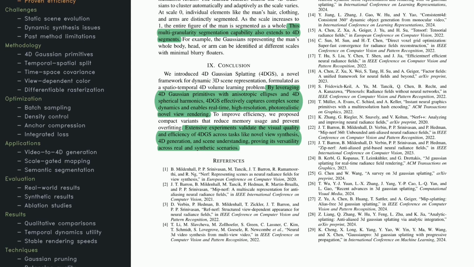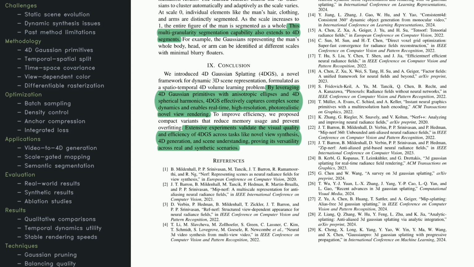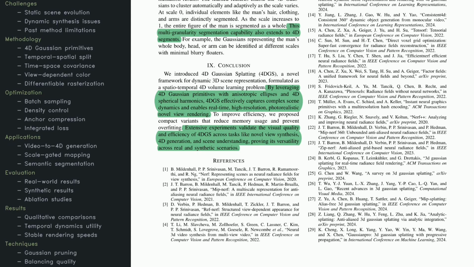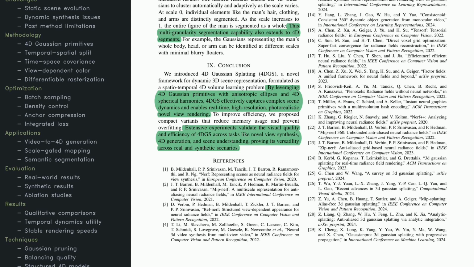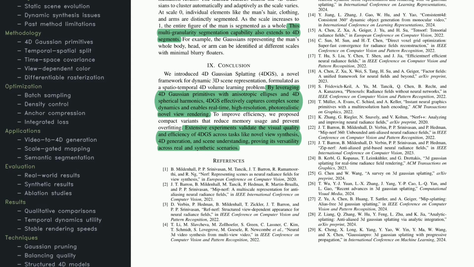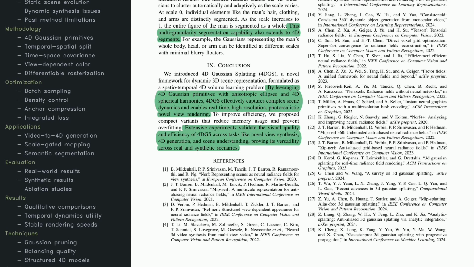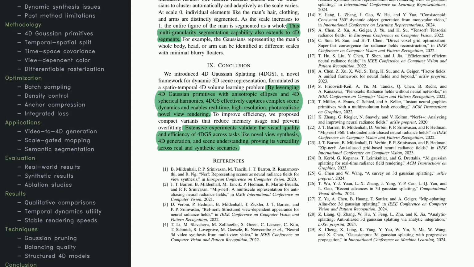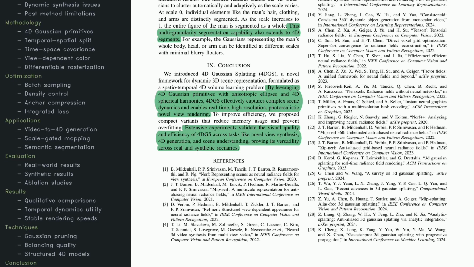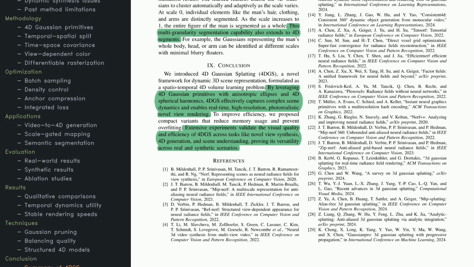We've also seen how various compression and pruning strategies keep memory use in check, while special design choices like spherical harmonics and residual vector quantization help avoid overfitting. Across a range of tasks, new view synthesis, 4D generation, scene segmentation, 4D Gaussian splatting consistently shows strong results. That holds for both real-world and synthetic tests, suggesting it can be applied broadly.